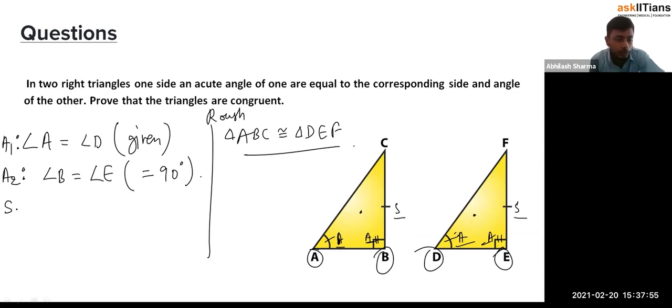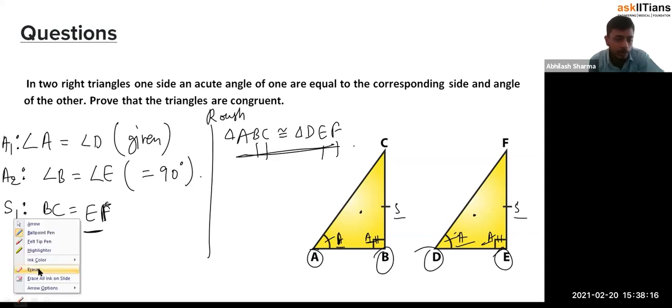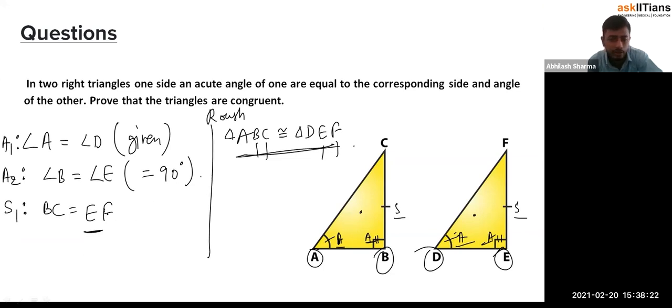Now we talk about the side: BC should be equal to EF. The order is very important. You can't write FE here. You can only write EF. That's why in rough we should already take out the actual congruence. So let me write it properly here. BC equal to EF, and the reason we can write is given. These sides are given equal.